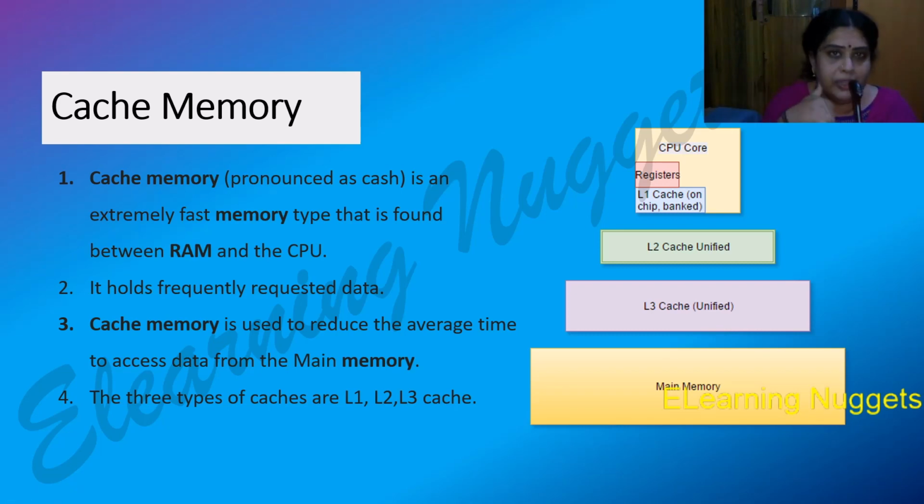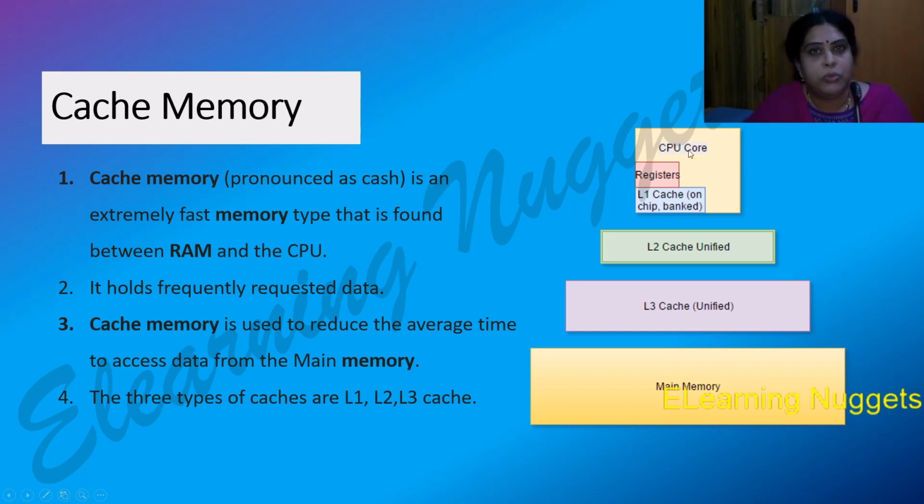For example, let me take the internet. Let me say you keep on opening google.com, or some other frequently used websites like, say, YouTube. You are keeping on opening these websites. So the CPU need not actually go up to the main memory to fetch this particular data. So frequently used data can be kept in the cache memory itself.